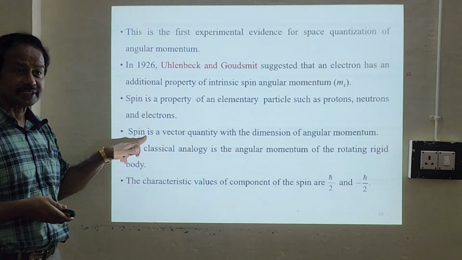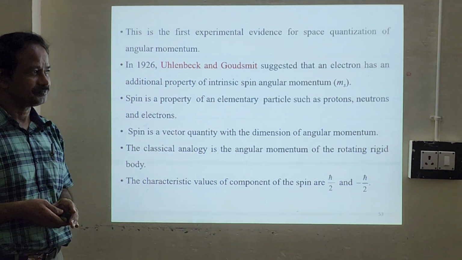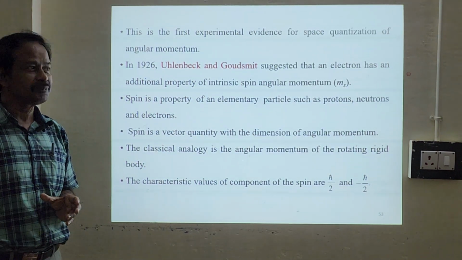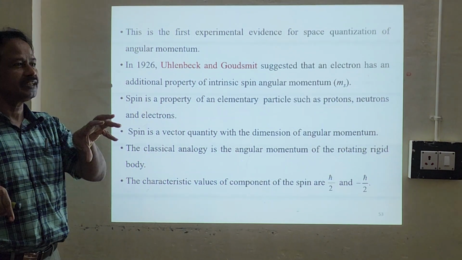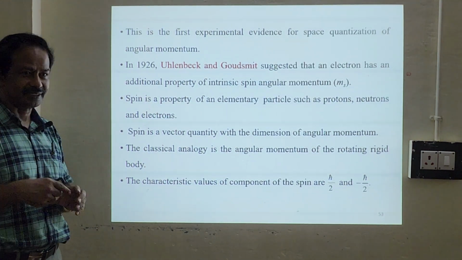Spin is a vector quantity, which we discussed earlier, with the dimension of angular momentum. Okay, J equals L plus S. The unit for L is the same unit for S also, and that will be the unit for J also.